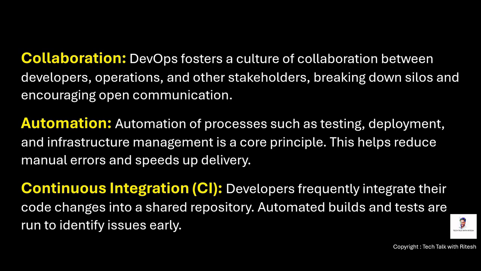Multiple teams are pushing their code, and at the end of the day we are not sure if the code is working fine or not, if the build is successful or not, and then finally the test cases are breaking. So for the DevOps model, we surely need automated builds. As soon as people check in their code to the repository, automatically the build will start. We'll see if there is any compilation level error, etc. And then automated tests, those test cases should also be executed. Then only this model will work.